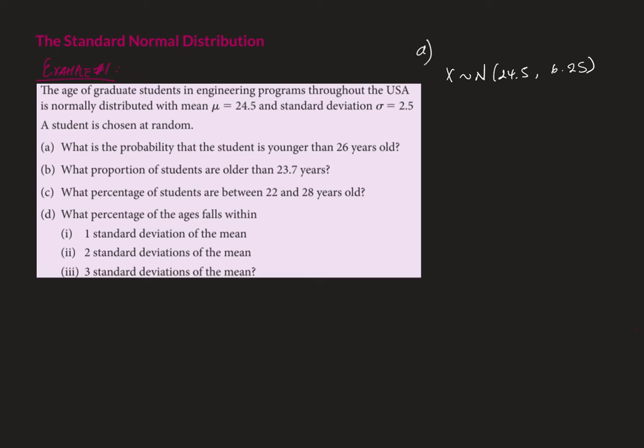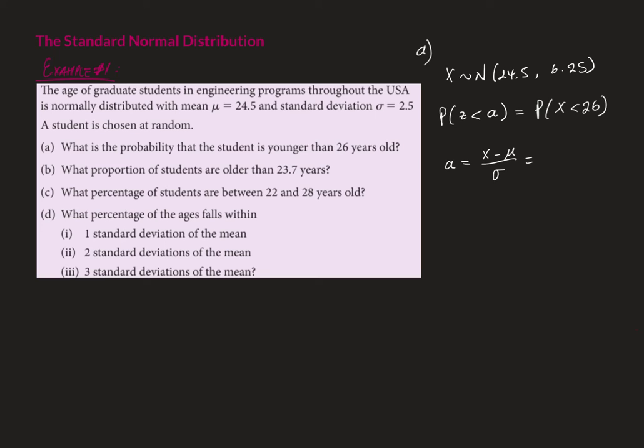Another way that we can do this is by standardizing this probability distribution. In that case, the probability that we are interested in finding would be the probability that Z is less than the Z score, let's call it A, corresponding to the probability in the normal distribution. That Z score is going to be given by the value of x minus the mean divided by the standard deviation.